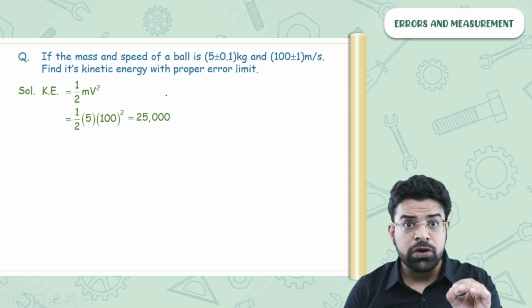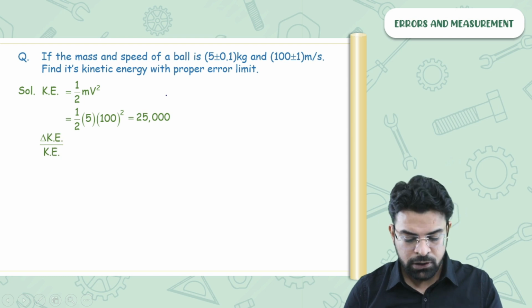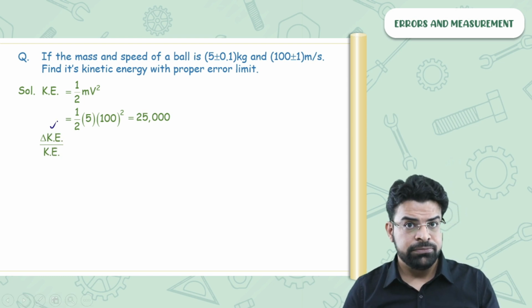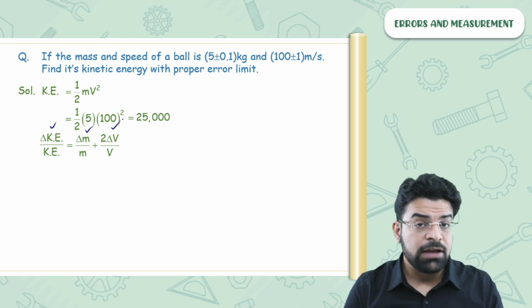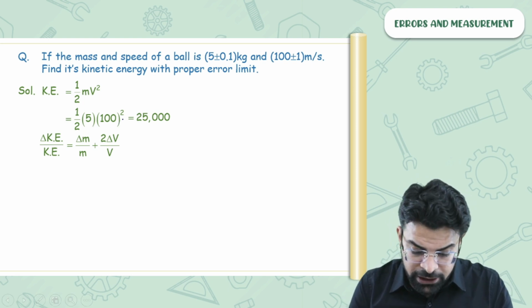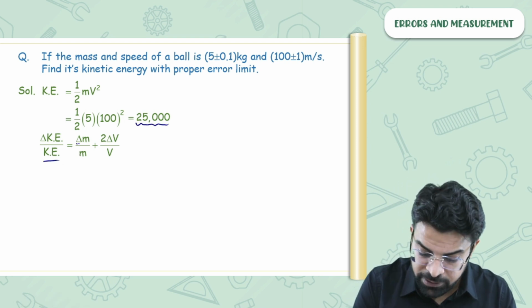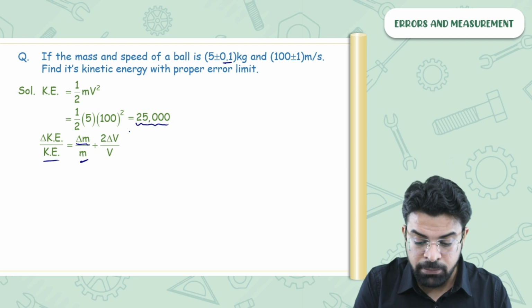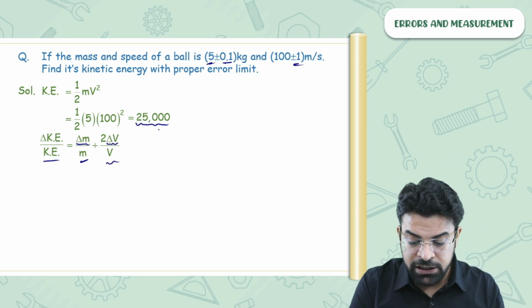But we need to report here kinetic energy with proper error limit. So we will say delta KE by KE equals delta M by M plus 2 delta V by V. We already know what is KE, 25,000. They have given me delta M as 0.1 and mass as 5. Delta V as 1 and V as 100.